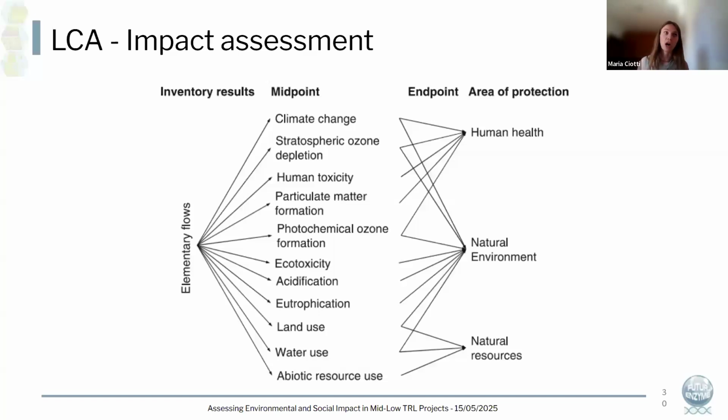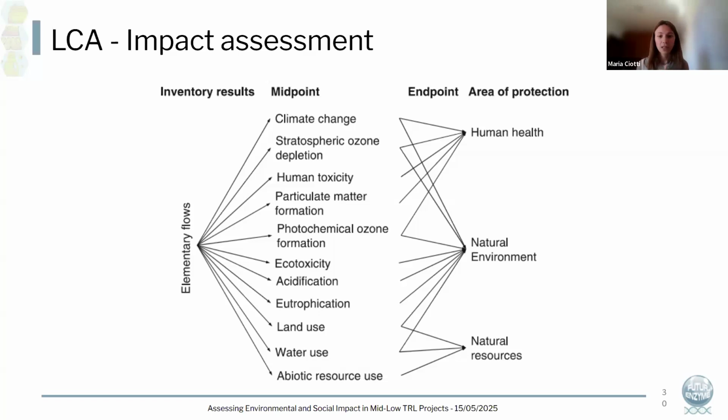If we want to also show our results maybe to a larger public, or to simplify a bit all these results, we can also aggregate these impact categories in 3 main protection areas that are human health, natural environment, and natural resources.